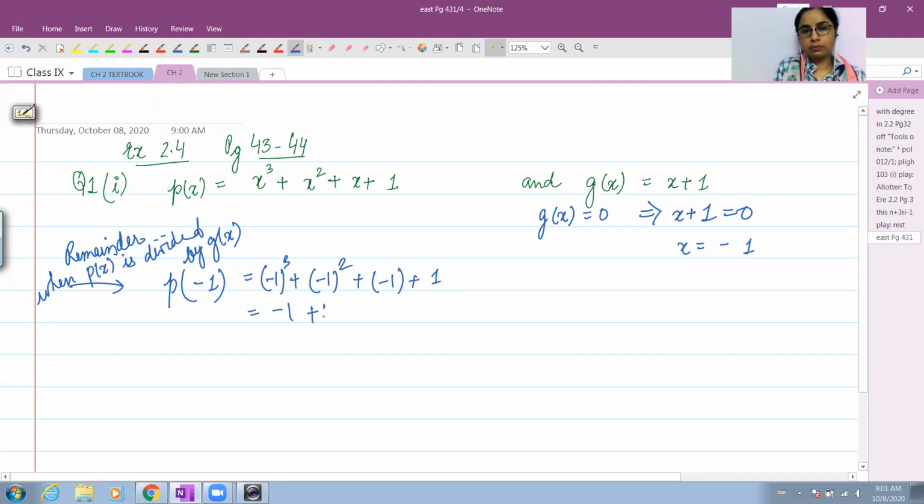So we have minus 1 plus 1 minus 1 plus 1, which is 0. So since the remainder is 0, you will write down that gx is a factor of px.